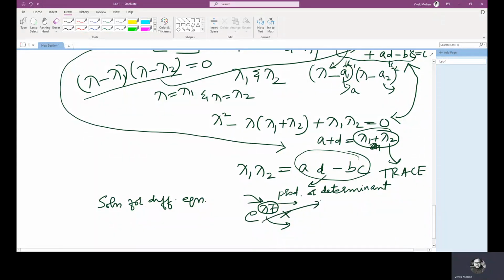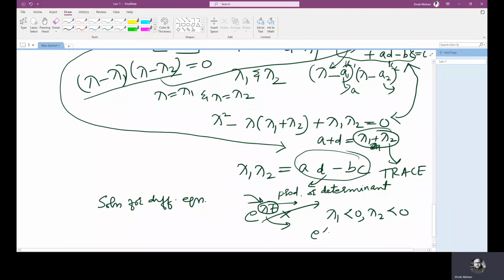Okay. Now, suppose lambda 1 is less than 0 and lambda 2 is less than 0, we have two eigenvalues if it's a 2 by 2 matrix. So what will happen? In both the cases, this is exponentially declining, right? So this can be one condition for stability.